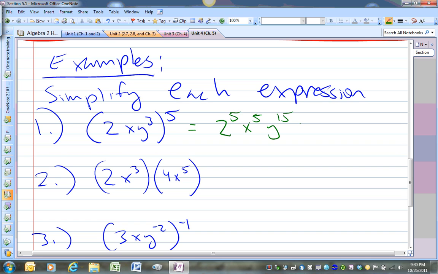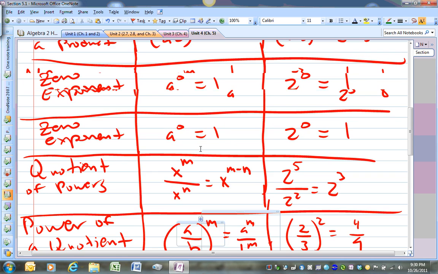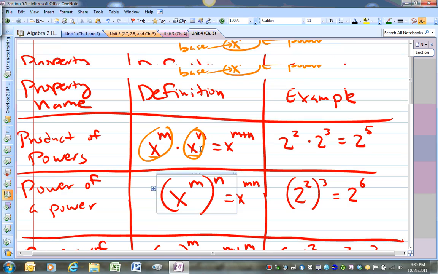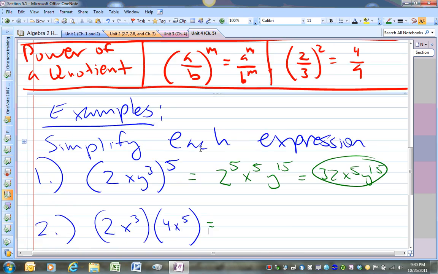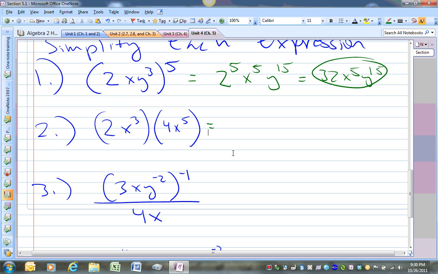So it goes 2 to the 5th, x to the 5th, y to the 15th, or 32 x to the 5th y to the 15th. For the next one, in this case I'm actually going to be using the product of powers. Well, of course 2 times 4 is 8, and x cubed times x to the 5th become x to the 8th.